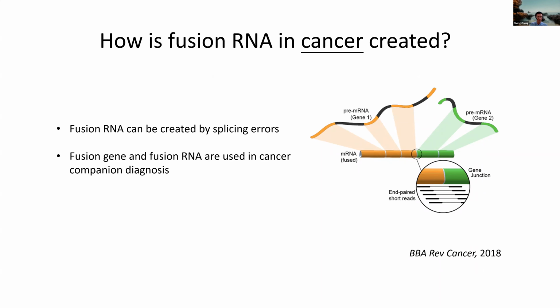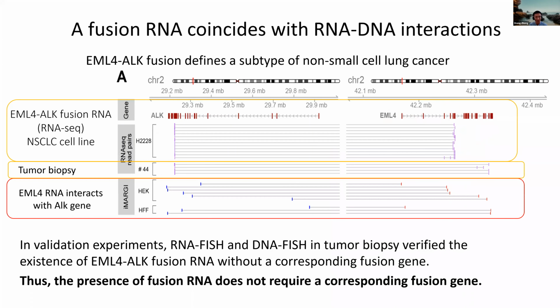It turns out that some of the presence of fusion RNAs or even fusion proteins transcribed from those fusion RNAs are characteristic of subtypes of cancer. For example, this EML4-ALK fusion product actually defines a subtype of non-small cell lung cancer.